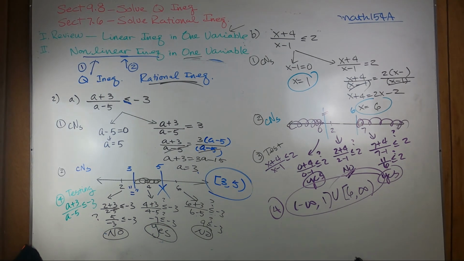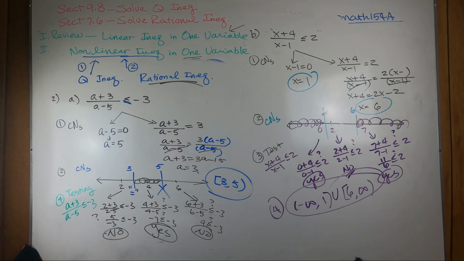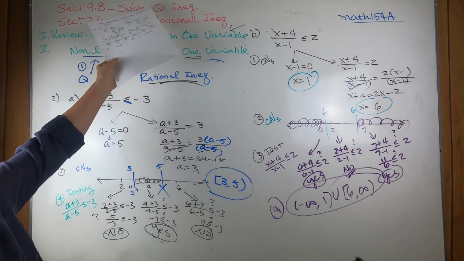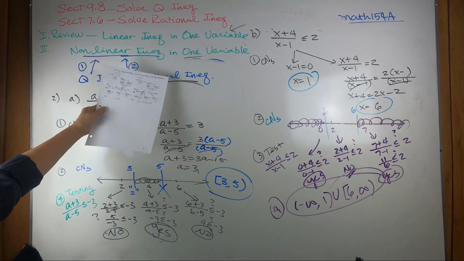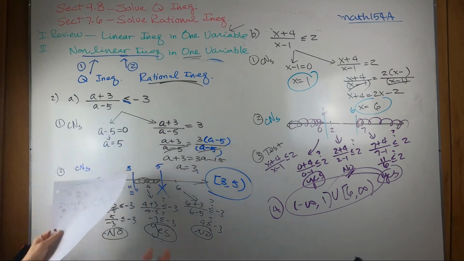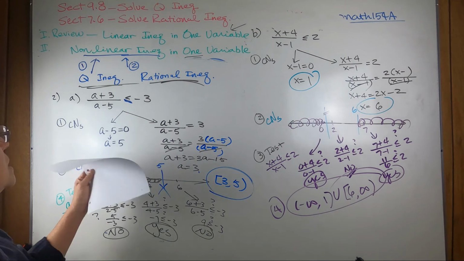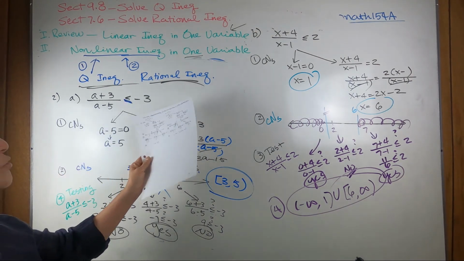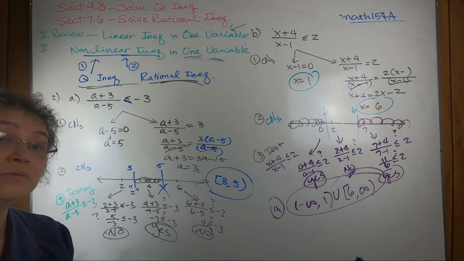So for this section, we are learning one of the miscellaneous things for inequalities. We solve quadratic inequalities, and earlier, nonlinear inequalities: one is quadratic inequality, one is rational inequalities. So we did the quadratic inequalities and rational inequalities. What kind of methods do we use?